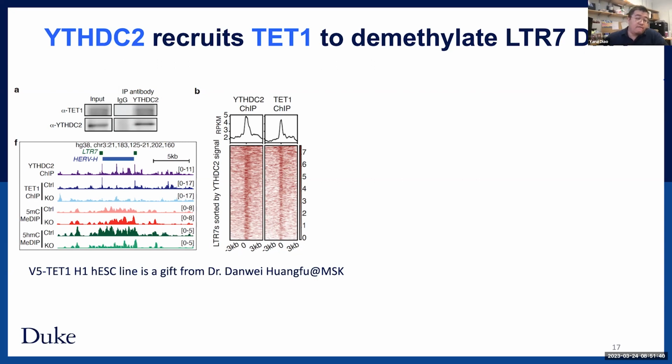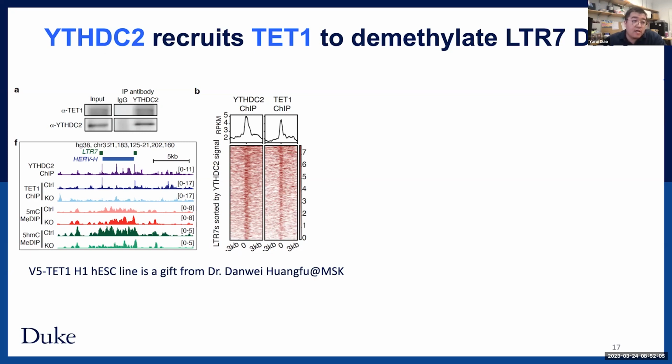So Tongyu first confirmed that there's a protein-protein interaction between TET1 and YTHDC2 by using an endogenous protein co-IP experiment. We also performed YTHDC2 and TET1 ChIP-seq experiments, and we found that both YTHDC2 and TET1 co-bound on the LTR7 sequences. We did this because there's no good antibody for TET1 ChIP-seq.